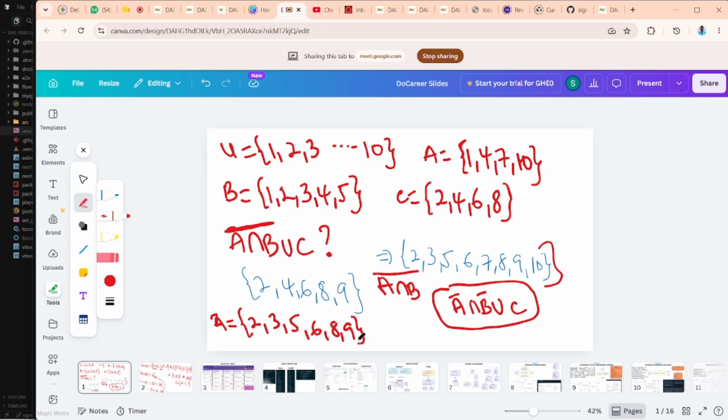Yeah, this is A bar. Exactly, that's what I got as A bar. Go to B bar. 6, 7, 8 to 10. Now the intersection of these two.